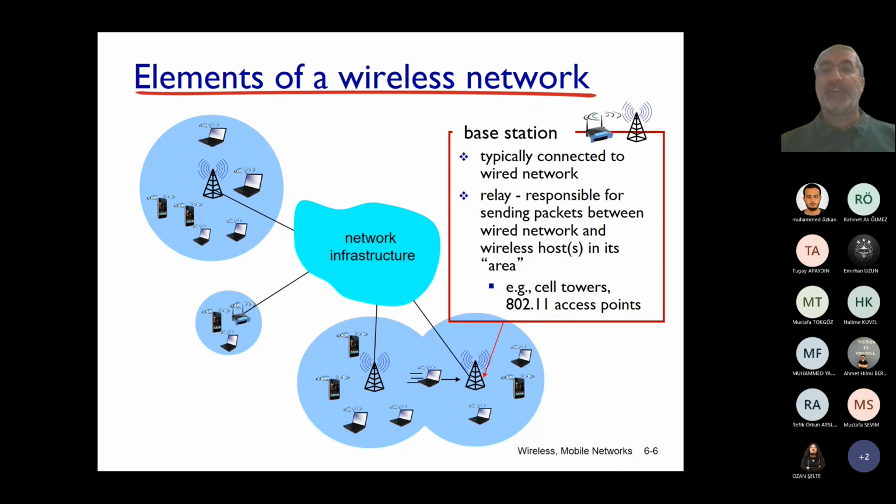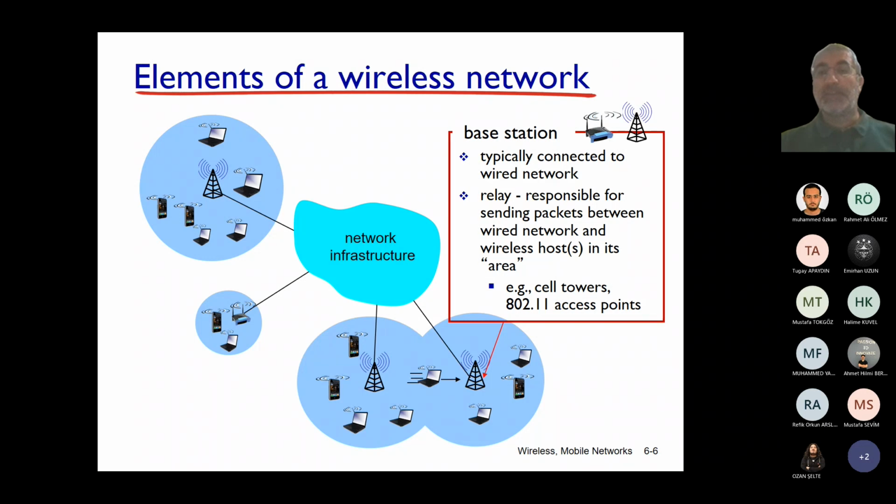The second component of a wireless network is called the base station. This base station, as you see here, is connected to a wired network, such as the internet. One of the main functions of the base station is to relay packets from the mobile to the internet and vice versa.